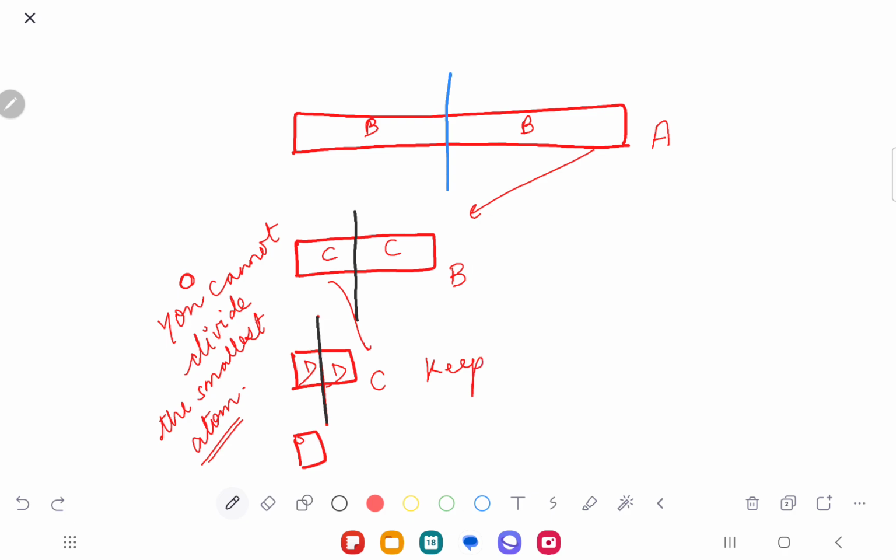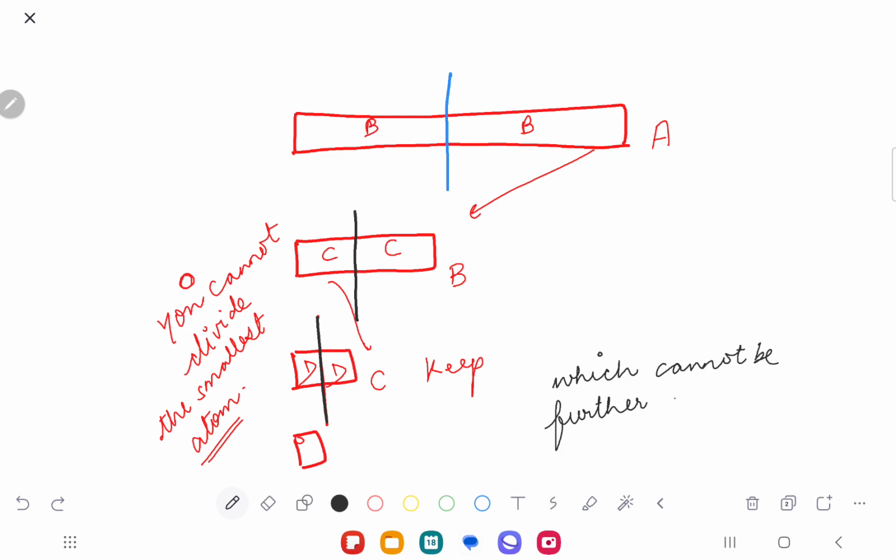I hope you're understanding. When you keep dividing it into half and half, you will get a particular part, which is what? You tell me. An atom, which cannot be further divided.